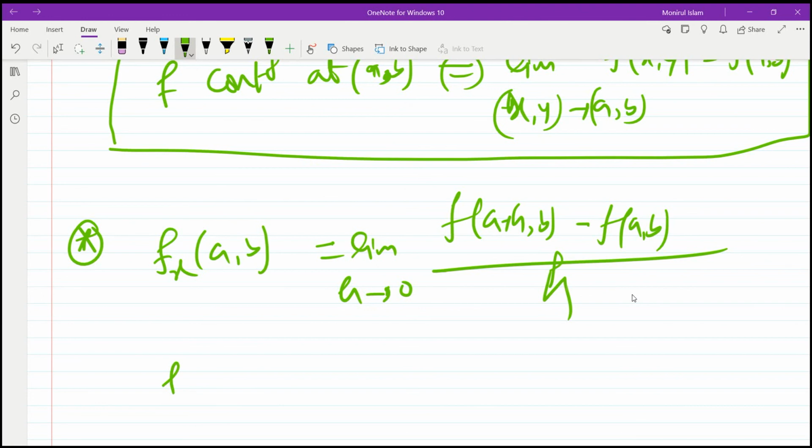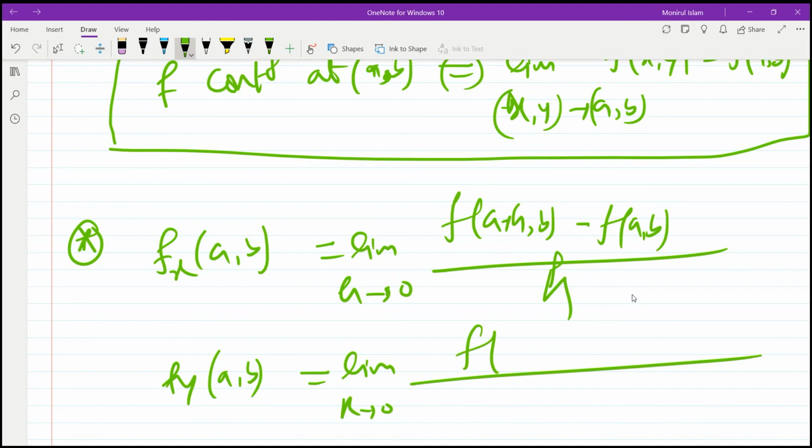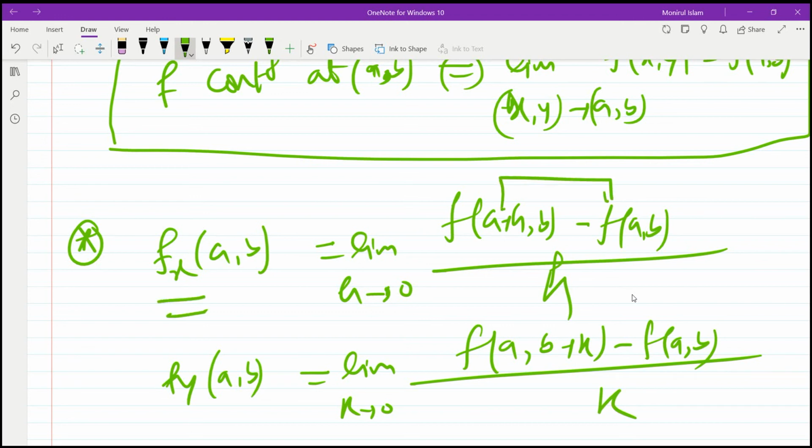Similarly, fy at (a, b) is the limit as k tends to 0 of f(a, b plus k) minus f(a, b), divided by k. When I find fx, the increment is in the x portion, a is increased by h, and when I find fy, the increment is in b.